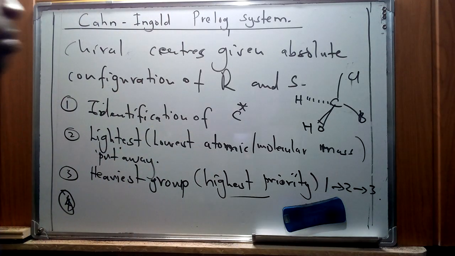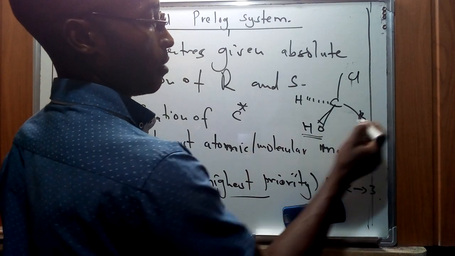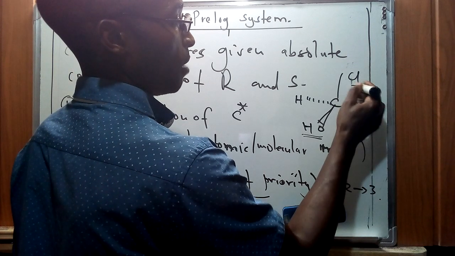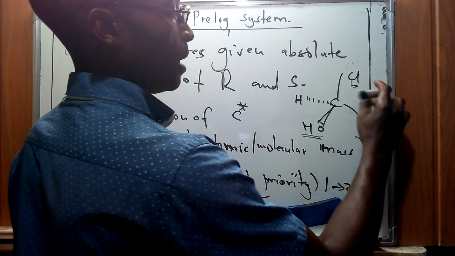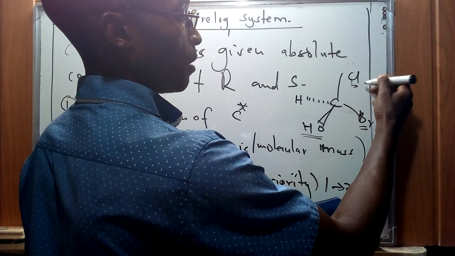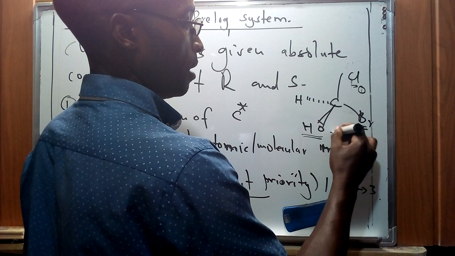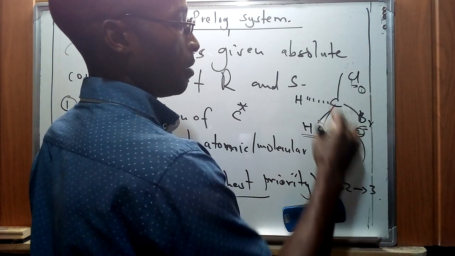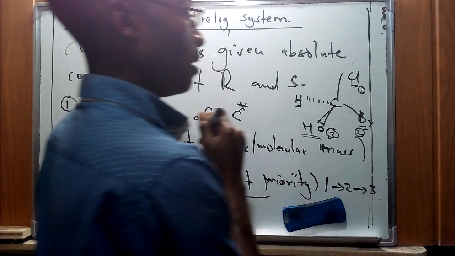If the lightest group is pointing away, then we consider the atomic masses of these specific constituents and see which is the lightest. Suppose the allocation of priority numbers is 1, 2, 3, with the lightest pointing away from the observer.